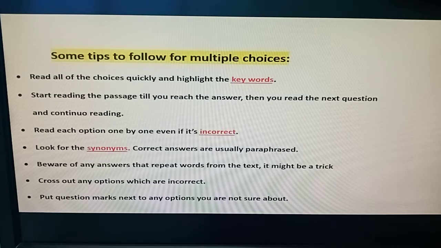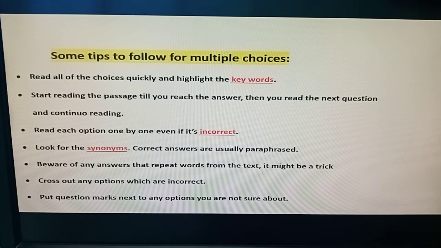Everybody has his or her own strategy, but one of the strategies that you should follow: for example, you have one passage, and out of this passage there are 5 questions that should be answered.